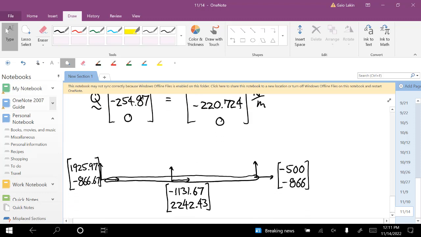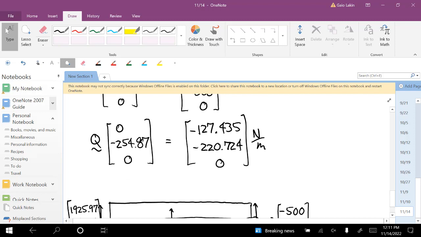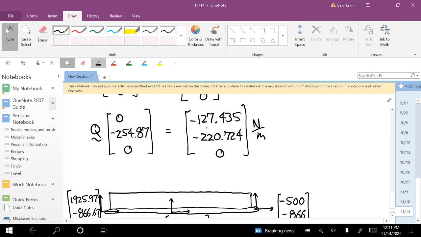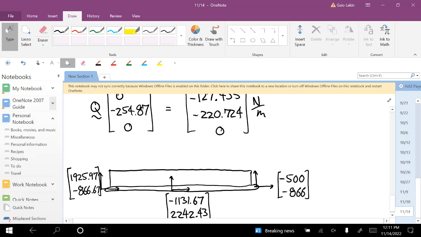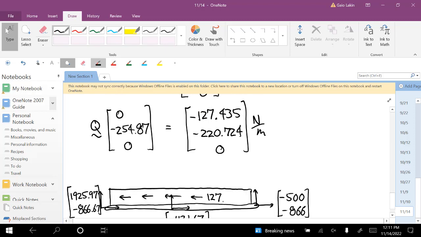And last is the distributed loads. And we have two of these uniform distributed loads. We're going to think of them as two different distributed loads, a horizontal one and a vertical one. The horizontal one is in the negative x direction. It's at 127, so I'm going to think of it as this way with a value of 127.435 newtons per meter.